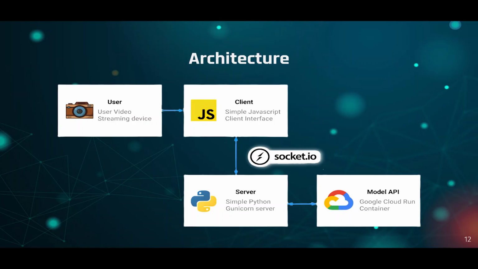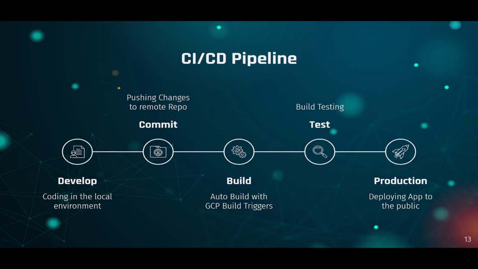So what we thought about is one of the most important practices of software development, and that data scientists often neglect, but it's very important, which is a continuous integration and continuous deployment pipeline. So we created a pipeline using Google Cloud Triggers, and what we'll have to do is just write the code or changes that we want, just push them to the repo, and from here on, everything is gonna be automated.